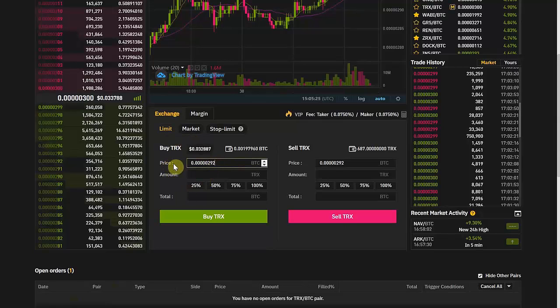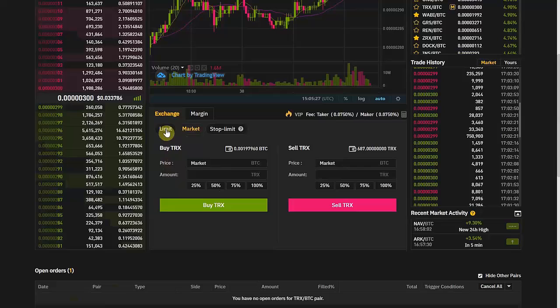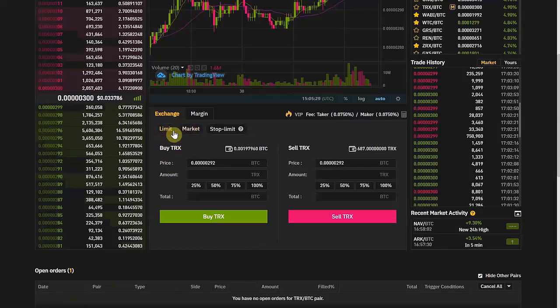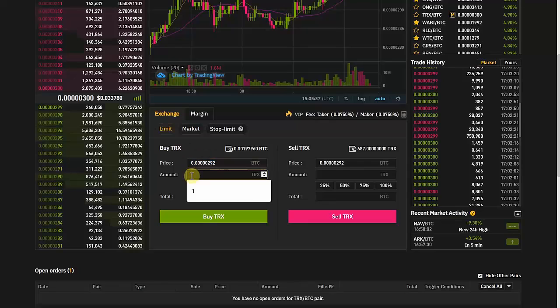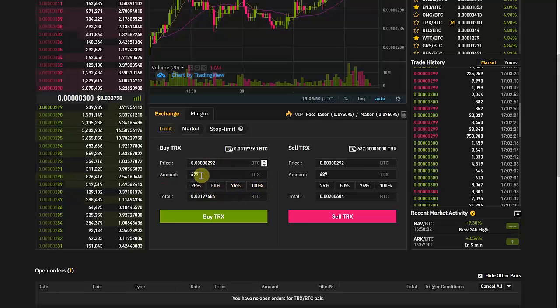So let's talk about market orders. So over here, the only difference between limit and market is that in limit, you choose your price, how much you want to buy. Yeah, let's put this one, and I want to buy 50% of my BTC holdings. Well, 100%. I want to buy at 292.